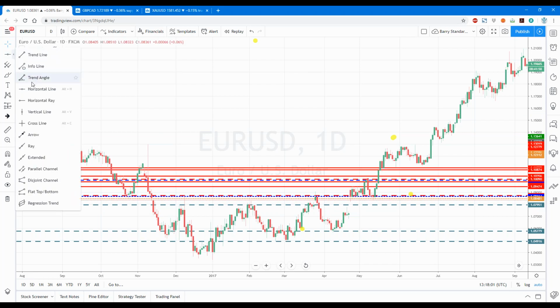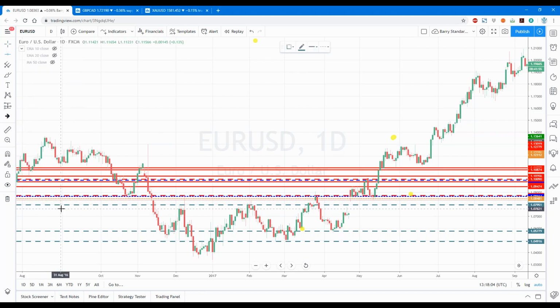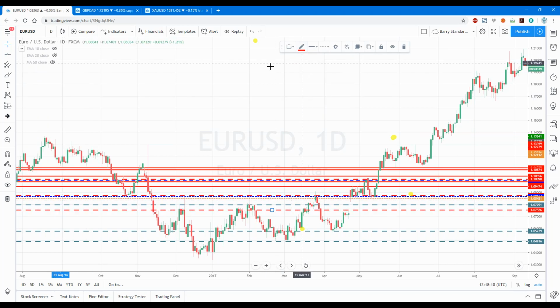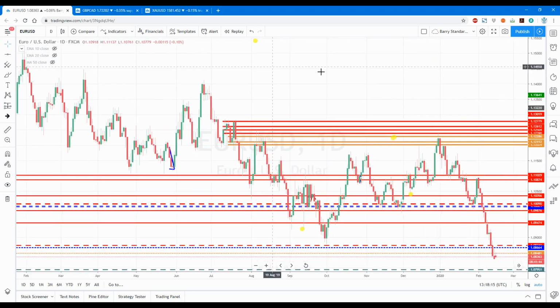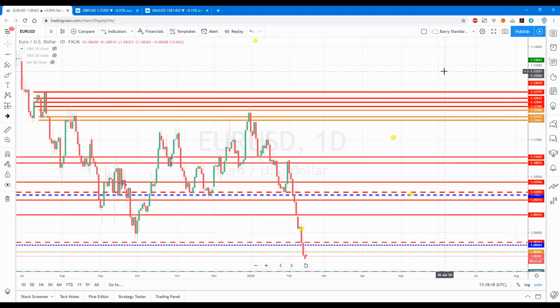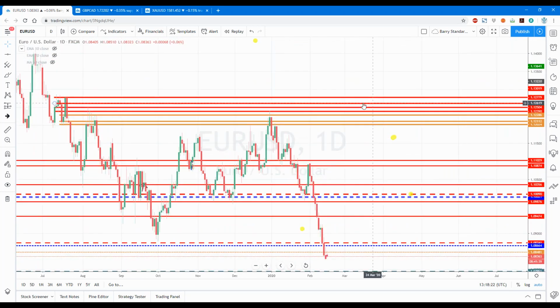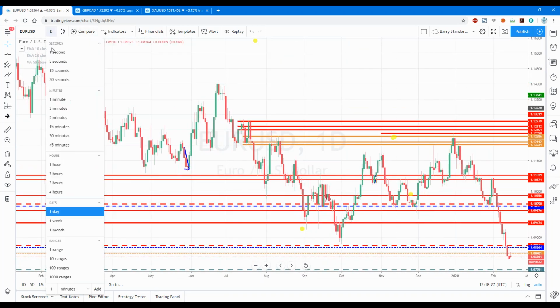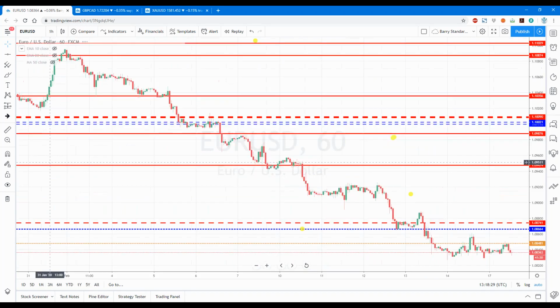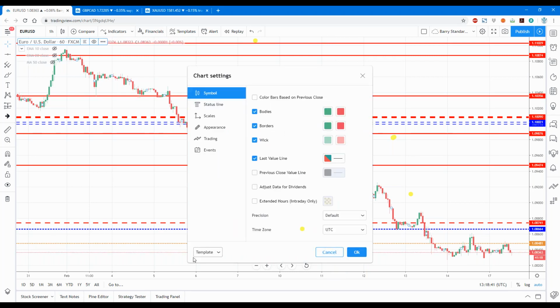There we go. Let's try this one. Okay, so right here we have our little green line that we just put on the chart. Let's see if I can make it a little bit darker for us.